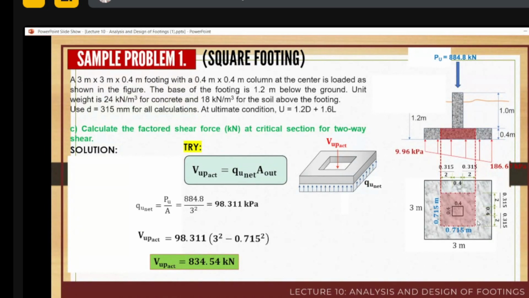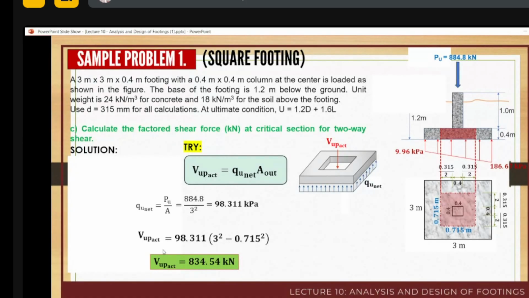0.715 squared. No? Kaning inner area mo siya, itong sa punching na perimeter. 0.715. No? So, ang 0.375 divided by 2 plus 0.375 divided by 2 plus 0.4, plus 0.315. No? Ito ang effective depth. So, that is 0.715.